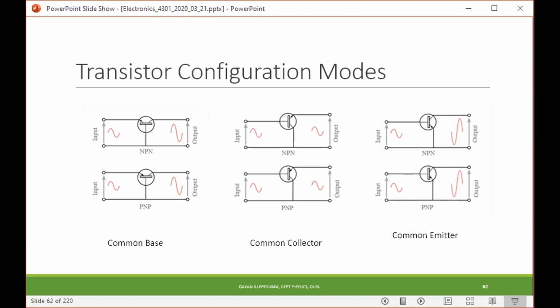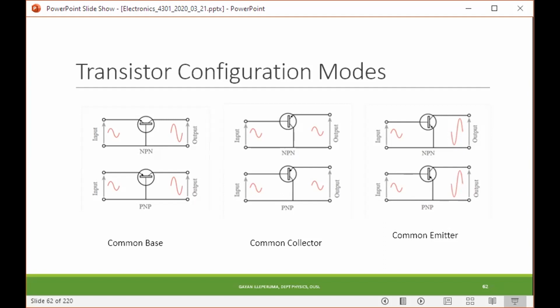So if I want to use a transistor to process information, I have to make a small adjustment. I have to use one of the terminals common for both input and output, right? So there will be a terminal or a pin common to both input and output. Based on that, we have 3 transistor configuration modes.